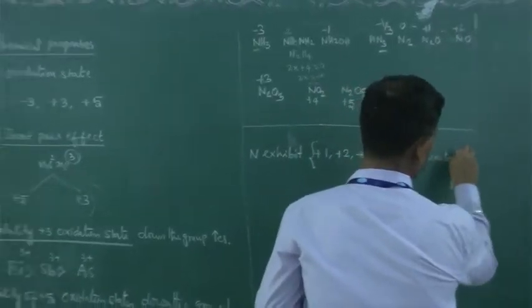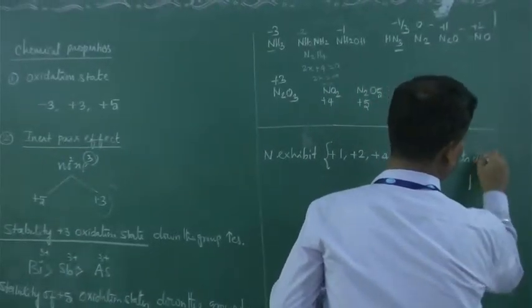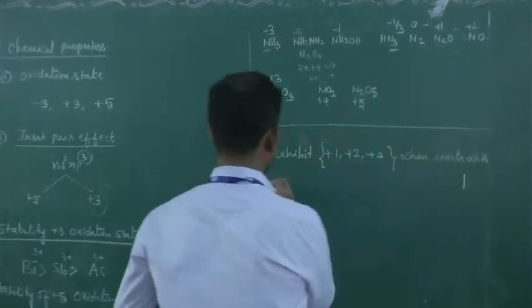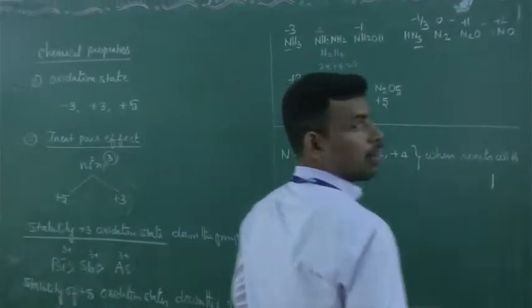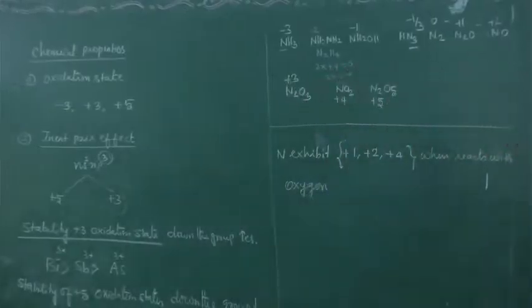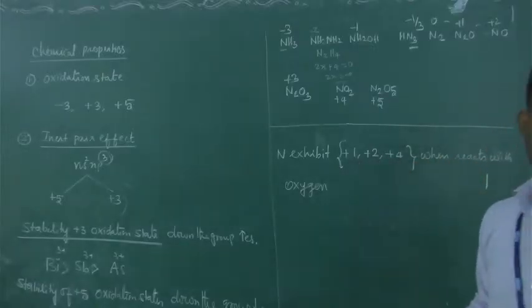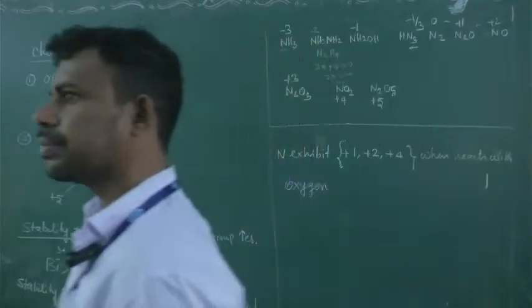Nitrogen exhibits +1, +2 and +4 oxidation states when you treat it with oxygen. When you treat it with oxygen, what do you get? You get oxides. You will get these oxidation states that it can exhibit.